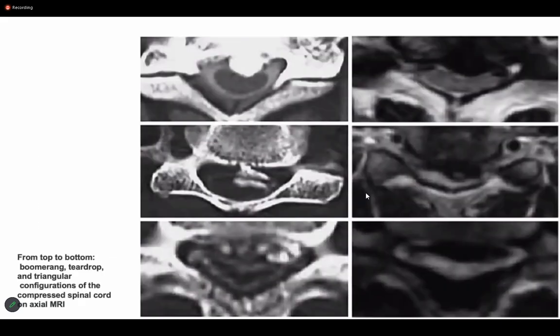From top to bottom, you can see the boomerang image, the teardrop image, and the triangular image.